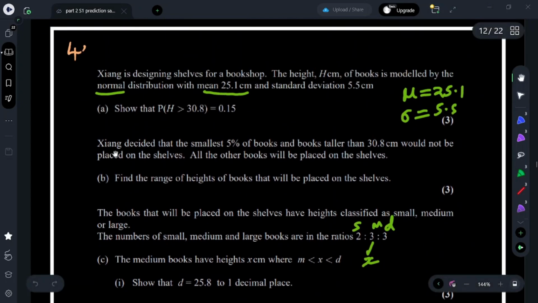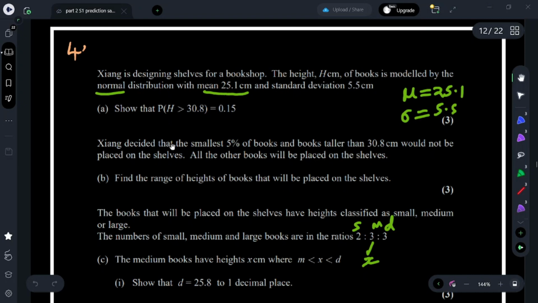For us to be able to answer part B, let's say Xiang decided that the smallest 5% of books, and books taller than 30.8 centimeters, which we found in A, would not be placed on the shelves. Let's read that statement again.